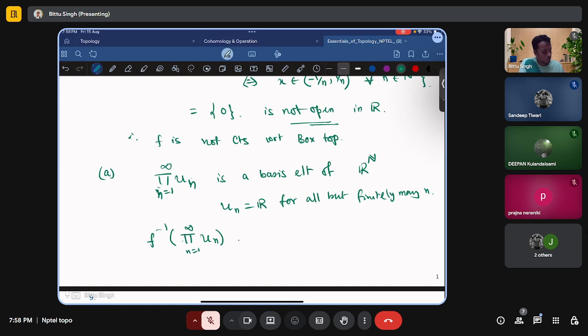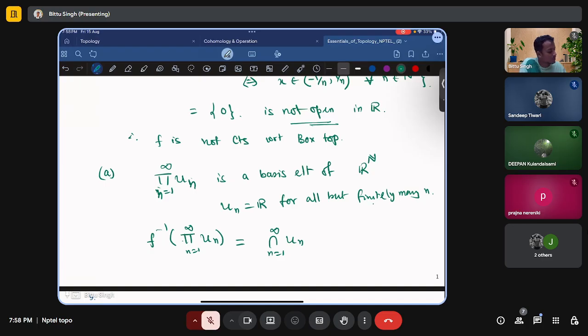As an exercise, f inverse of this product is nothing but this un, n equal to 1 to infinity. Now, I have assumed un is r for all but finitely many n's.